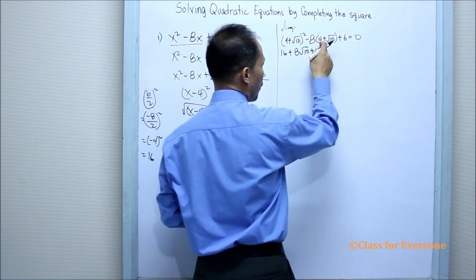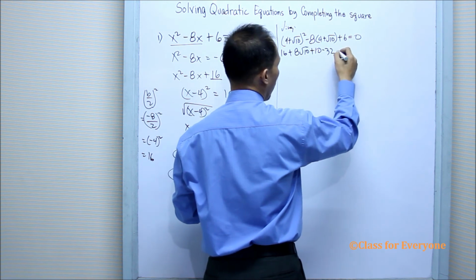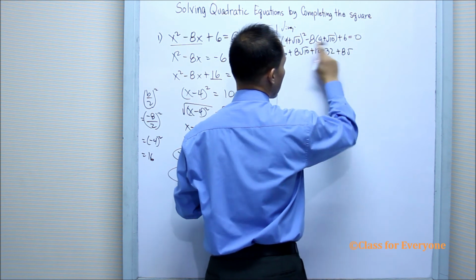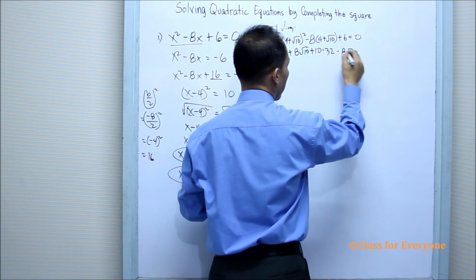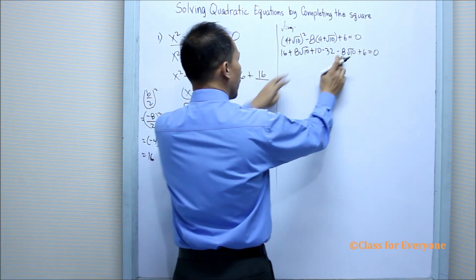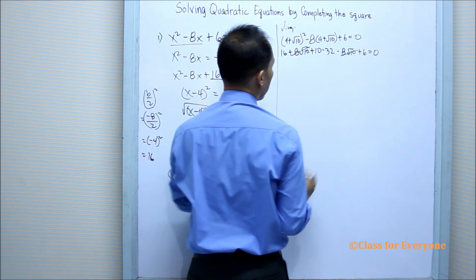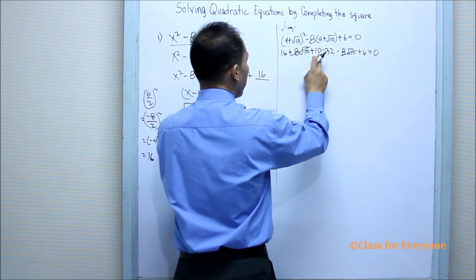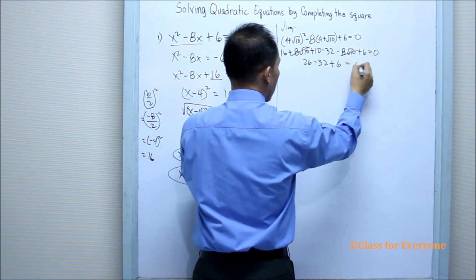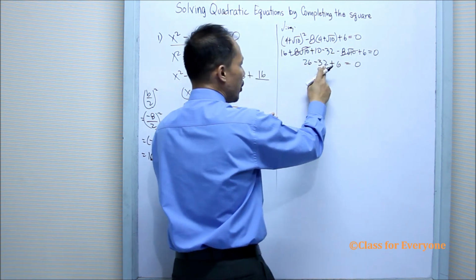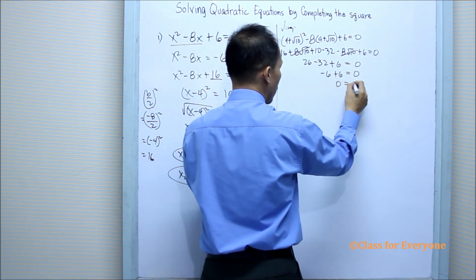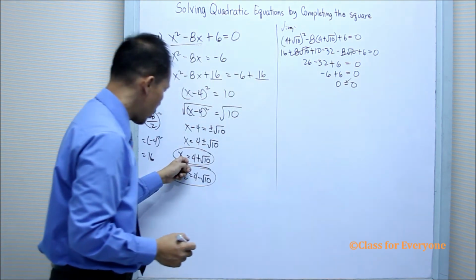Minus, distributive property, 32 plus 8 times the square root of 10, negative times positive is negative, plus 6 equals 0. Now, these are opposite, so this will become 0. 16 plus 10 is 26, minus 32 plus 6 equals 0. 26 minus 32 is negative 6, plus 6 equals 0. Negative 6 plus 6, 0 equals 0. The first root is correct.